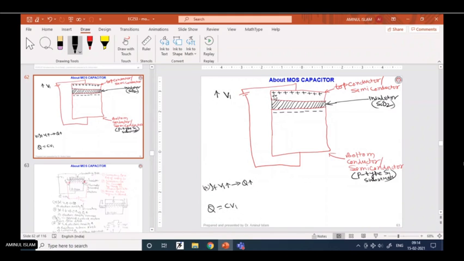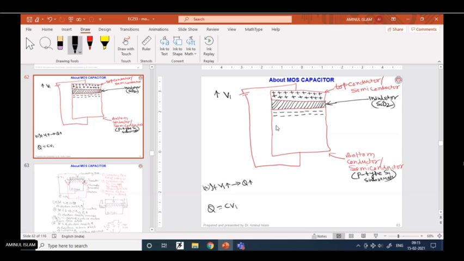So more charge will be there if I increase the voltage. So correspondingly, here more negative charges will be there. Actually, electrical flux or field line will originate from a positive charge and terminate at a negative charge. So every positive charge should have a negative charge at the bottom plate. Are you getting my point?